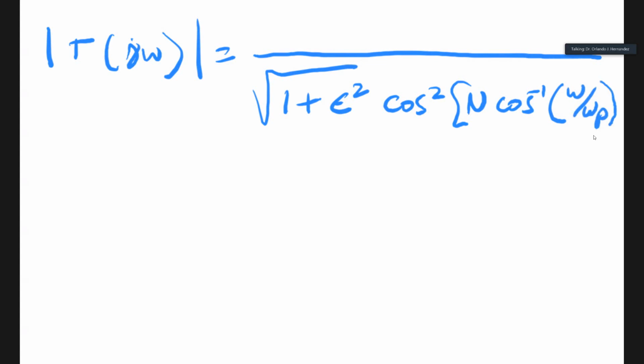And this is a low pass case. So that's why we have only one omega sub p, which is the cutoff frequency. And all this is the denominator of 1. So that would apply for the passband.